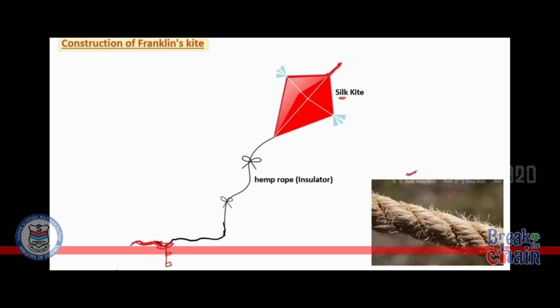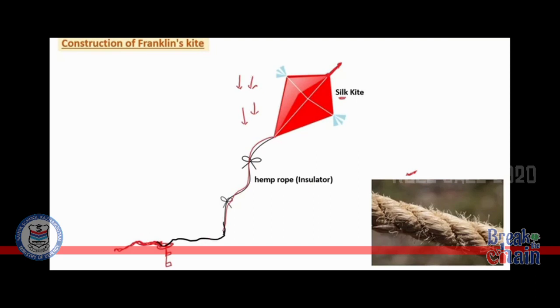Now Benjamin Franklin knew that during this season it might happen that rain could come, and this rain will definitely wet this hemp rope, and if this kite goes very near to the clouds, then it is going to draw the electrical charges, and those charges would now pass through the hemp rope, because it is no longer an insulator, because it is now wet.